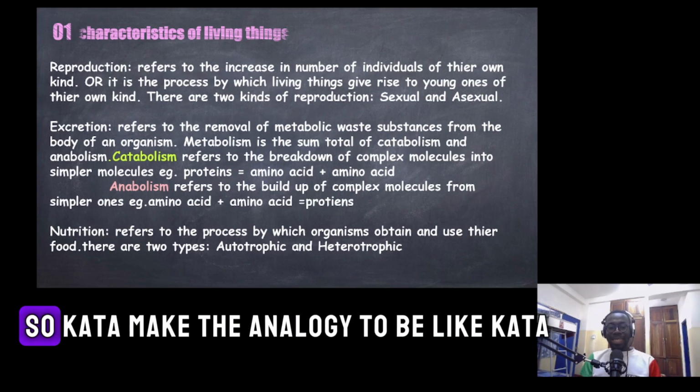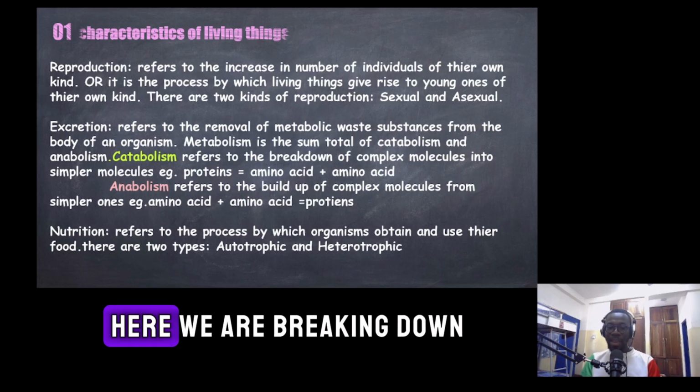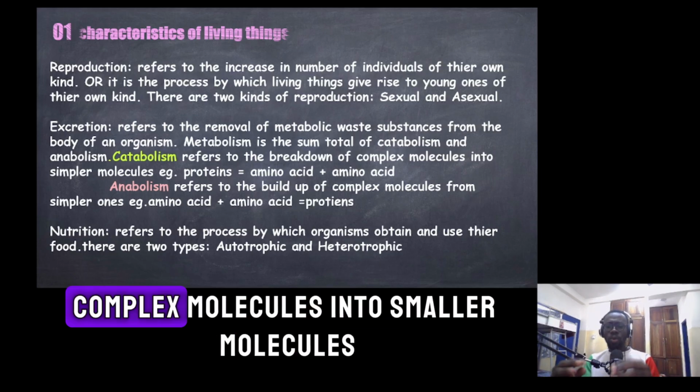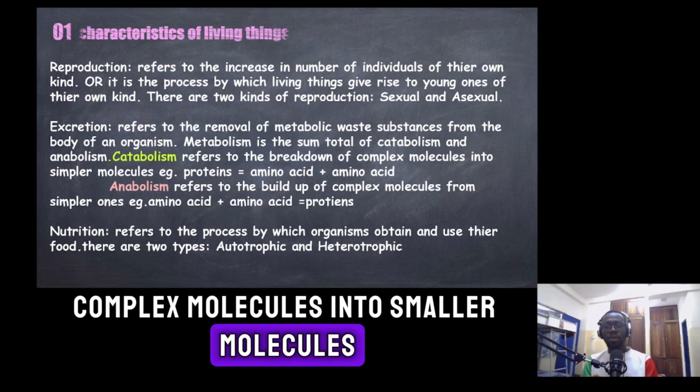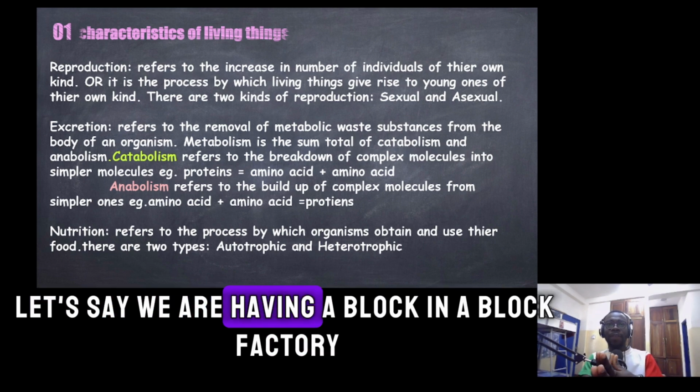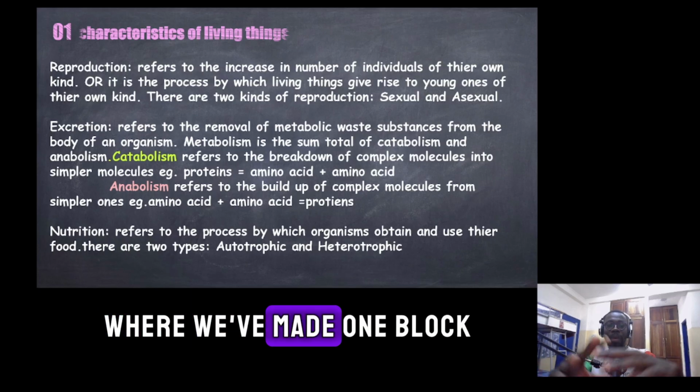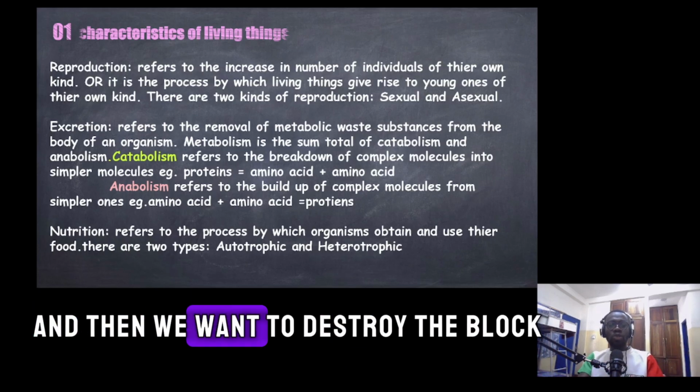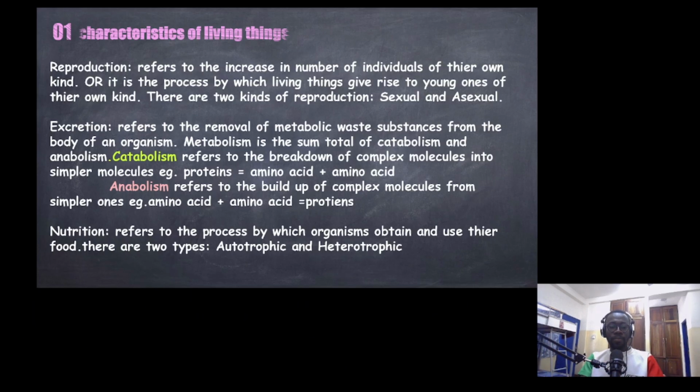So, make the analogy of kata to be like scatter. Here, we are breaking down complex molecules into smaller molecules. Let's say we have a block in a block factory where we've made one block, and we want to destroy the block.